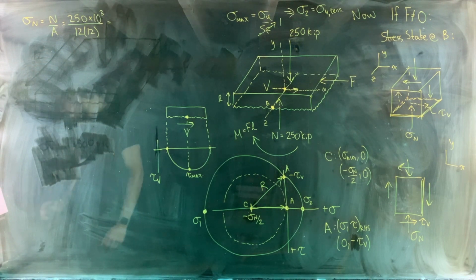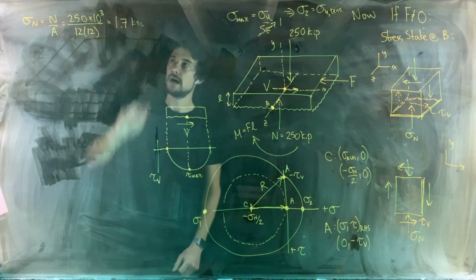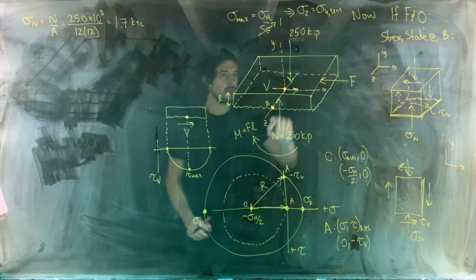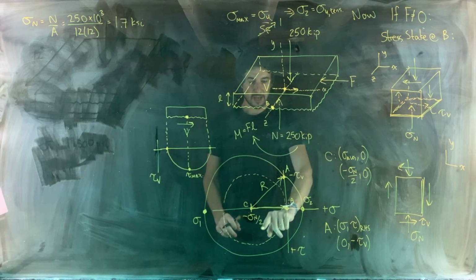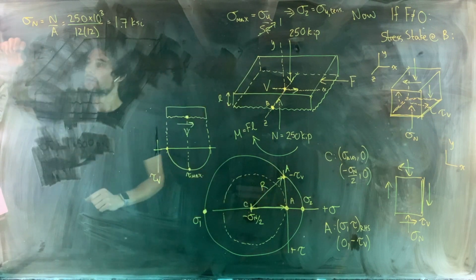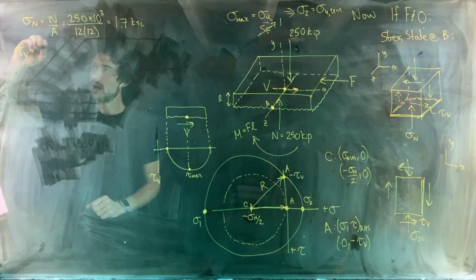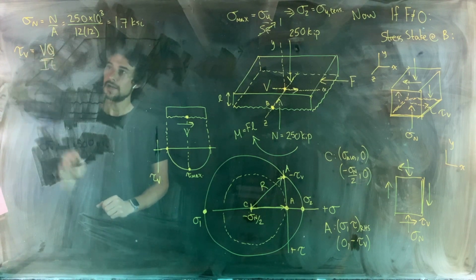Okay, so that is 1.7 ksi. All right, then we look at the fact that to calculate what R is, we also need to know what tau V is. Okay, so tau V, the shear stress due to our internal shear force, is going to be given by our equation VQ over IT here.